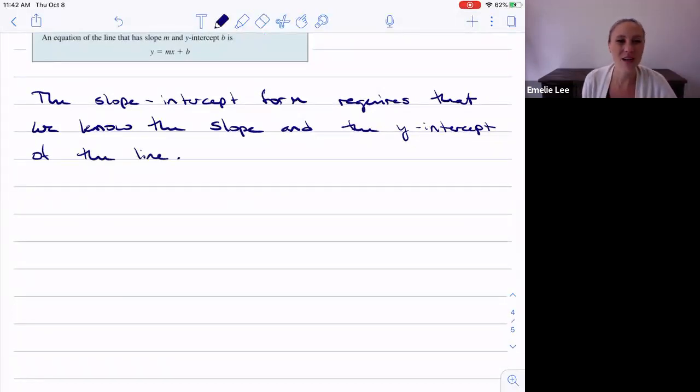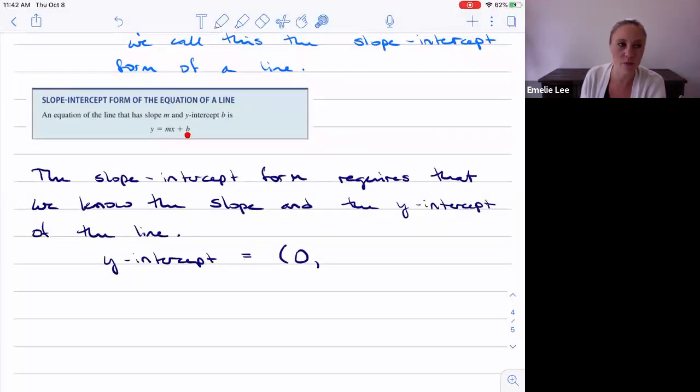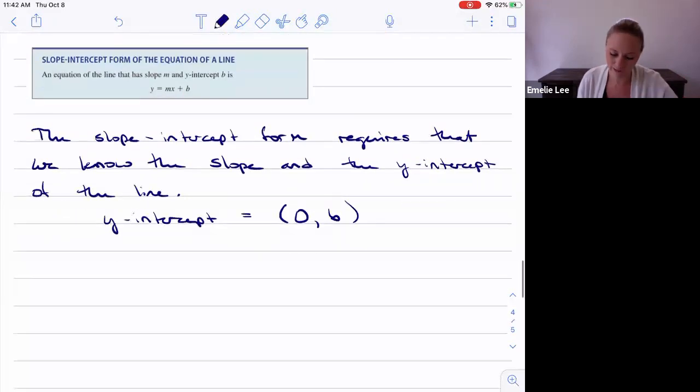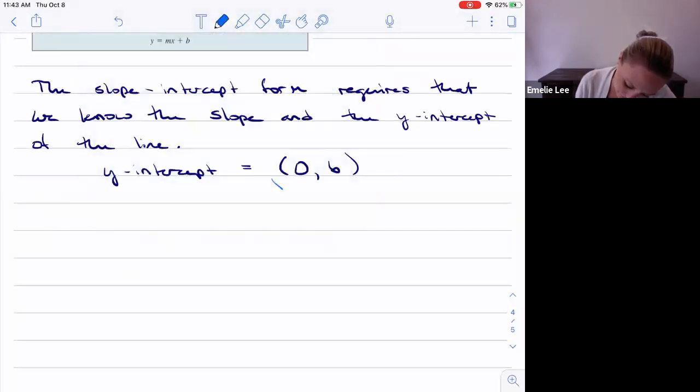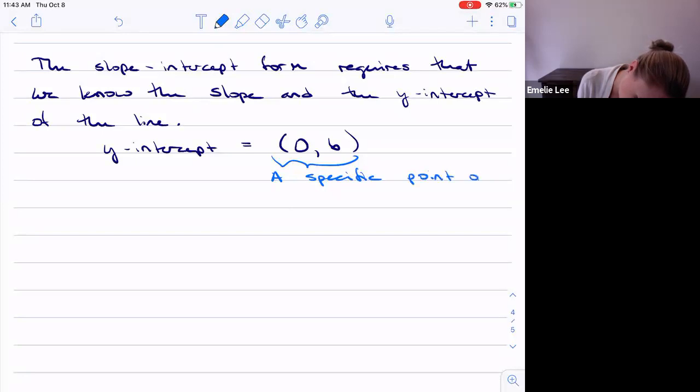The y-intercept is a specific point on the line, right? The y-intercept is when x is 0. That's what puts us on the y-axis. Y equals b, if we're trying to match it. This is just a specific point on the line.